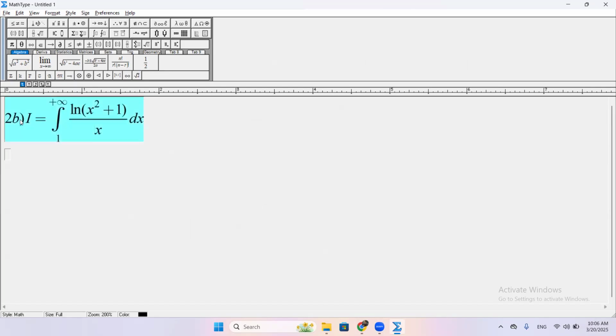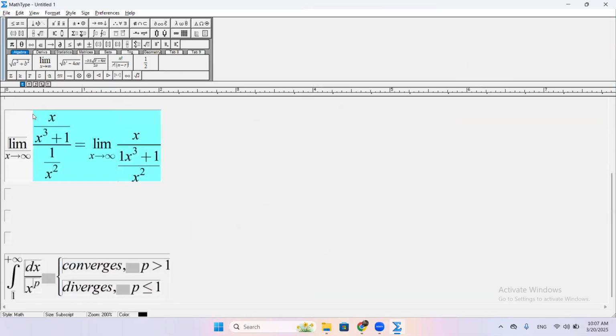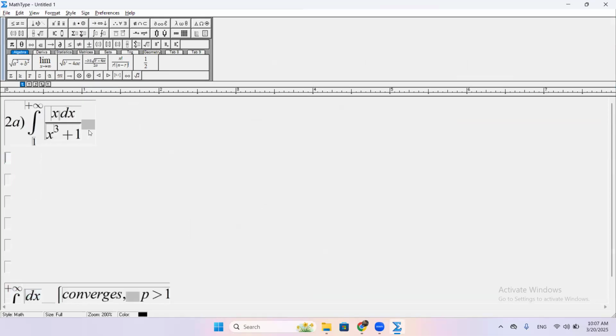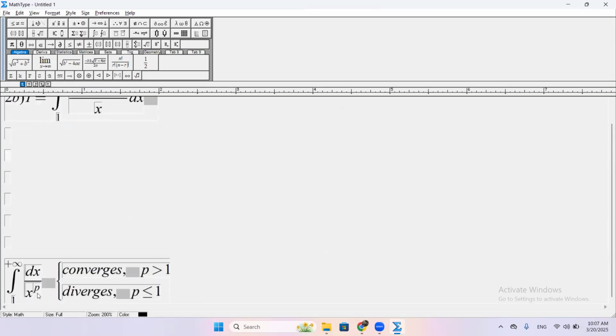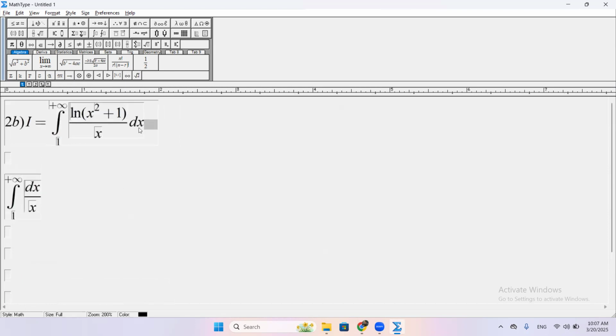It was not a good idea to erase everything, so let me leave this integral, 1 over x in power of p. We will compare now the integrand with the function 1 over x.